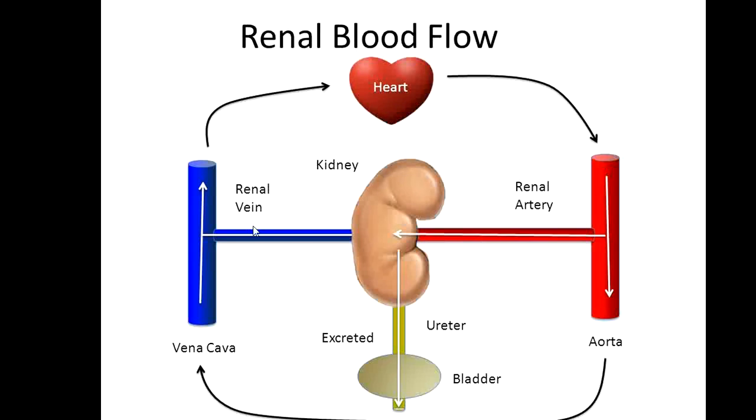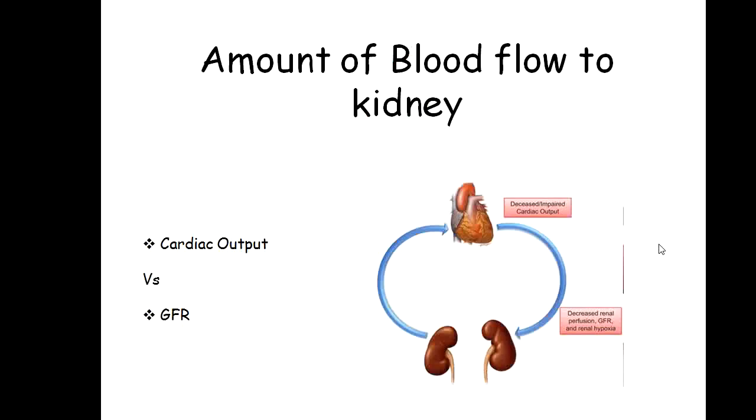Okay, now coming towards the amount of blood flow to the kidney, how much blood goes to the kidney. We can imagine it from the cardiac output. You know that the cardiac output is basically the minute volume.